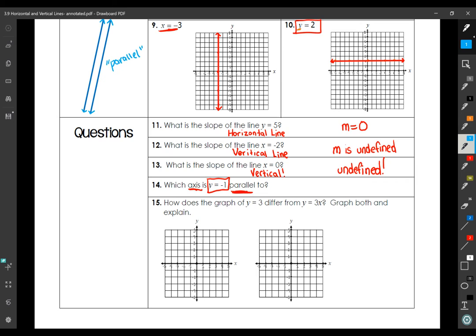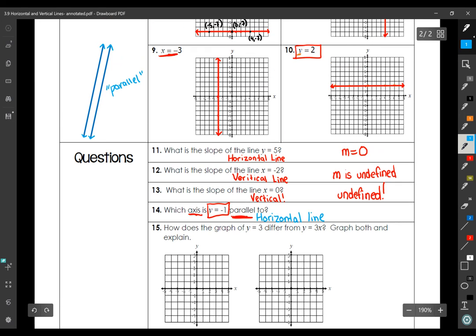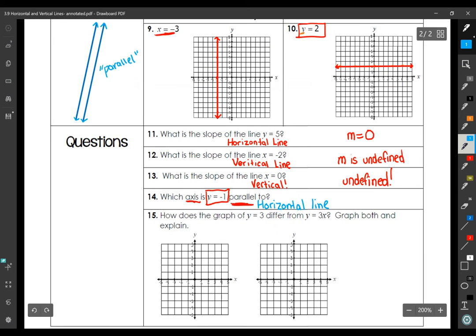Well, y is equal to -1. Is that a horizontal or a vertical line? That is going to be a horizontal line. So which of the two axes is our horizontal axis?